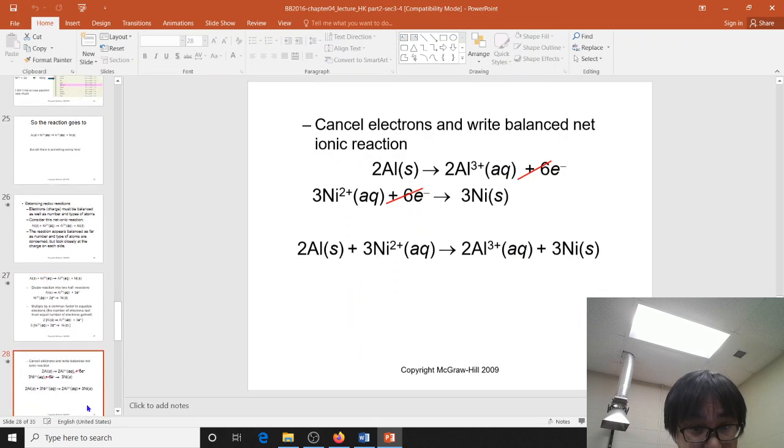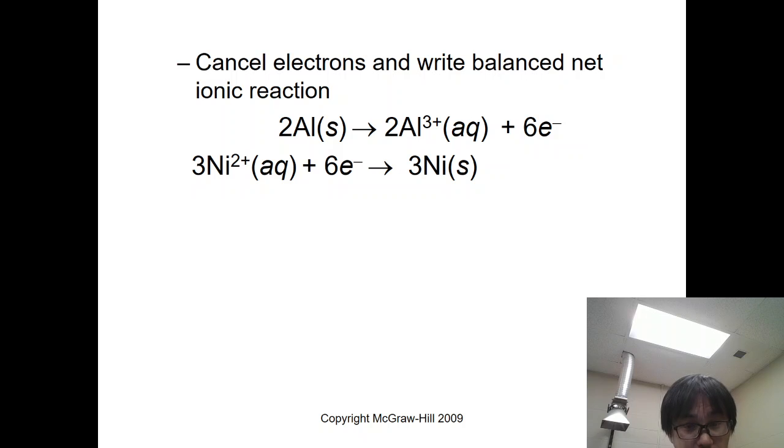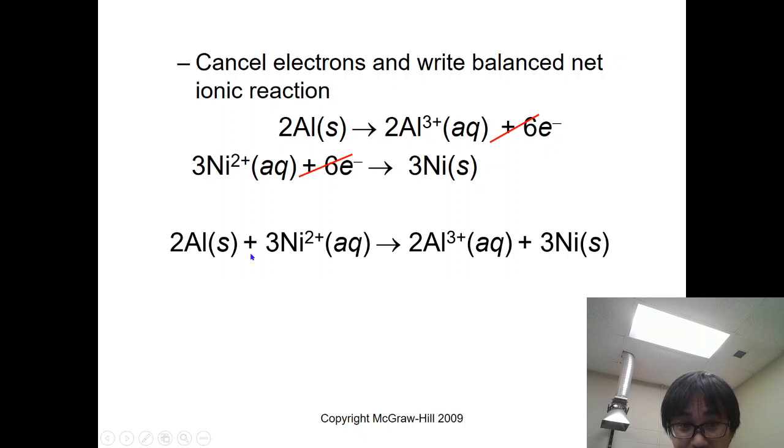If I do that, what's going to happen is that I have 6 electrons for the aluminum half reaction, and 6 electrons for the nickel reaction, and those 6 electrons can be cancelled, right? Let me just give it a little bit prettier slideshow. You have 6 electrons on the right hand side, 6 electrons on the left hand side. So if you cancel it, then it becomes exactly what we need.